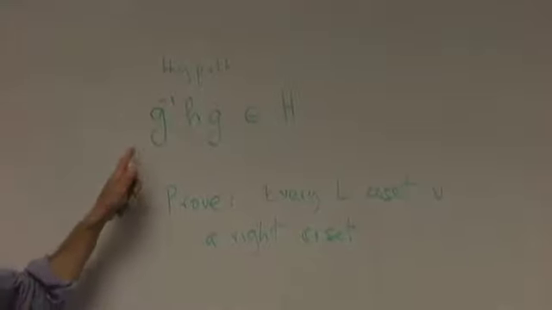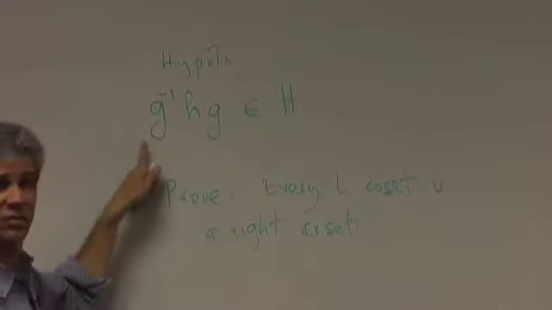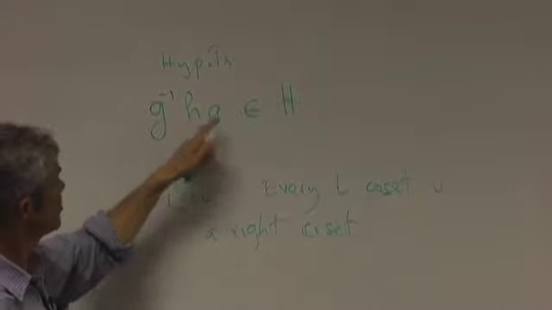The point is, if you're ever confronted with an expression that looks like this, where G is any element of the group and H is any element of the subgroup, what you get to conclude is that the result lands in the subgroup. What some of you tried to do was write down a stronger version of the hypotheses.